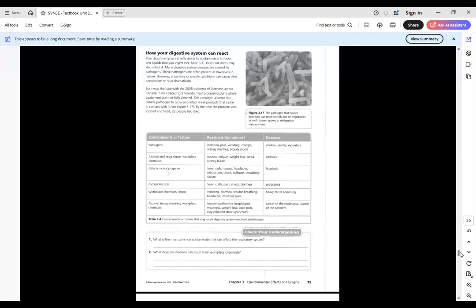And as a result, the pathogen Listeria was able to grow, and it caused 22 people to die. That's from people who ate the meat with the pathogen in it. It got into their system. All the methods we have of killing off pathogens did not stop it. And as a result, 22 people died. So those places are regulated quite closely so that things like that do not happen.